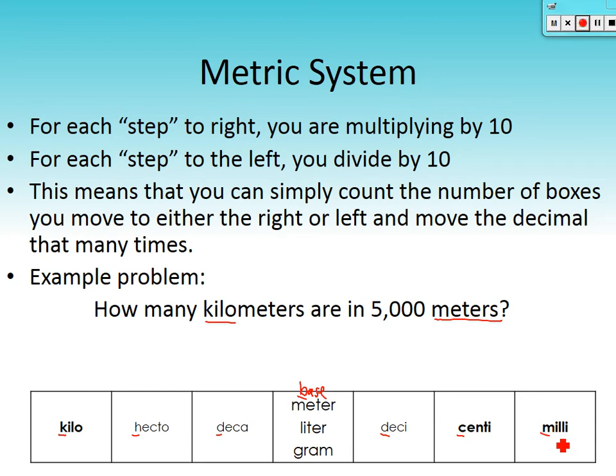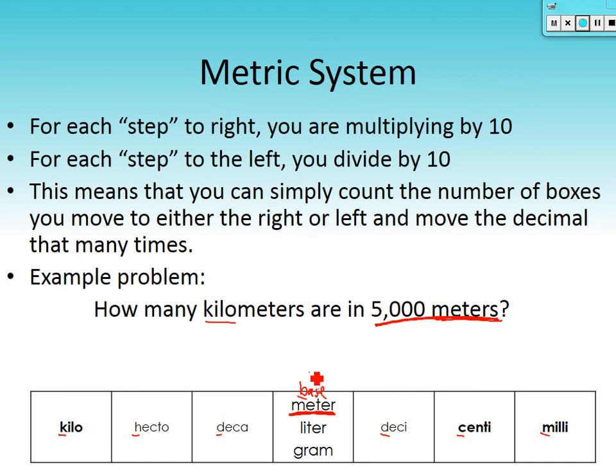Now what I do is we want to know how many kilometers are in 5,000 meters. So we're starting with 5,000 meters. So we're starting here, meters. So where does it say meters at in our chart down here? Well, you'll notice meter is a base unit. Meter, liter, and gram are base units.